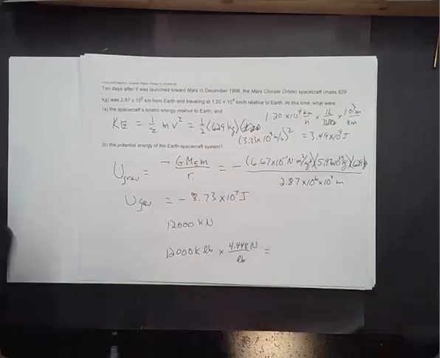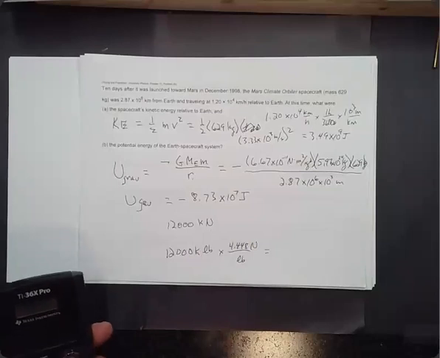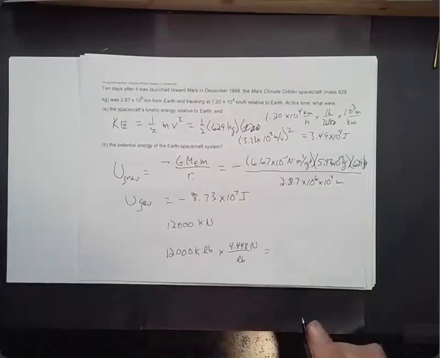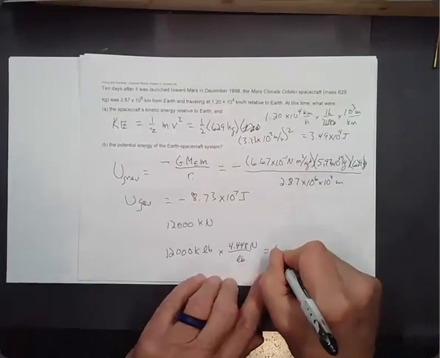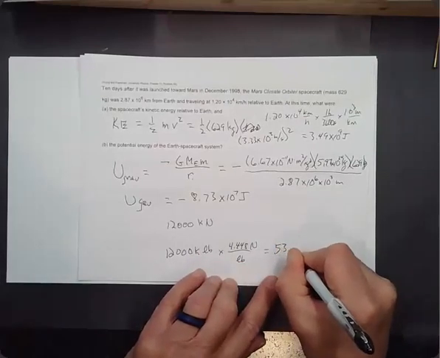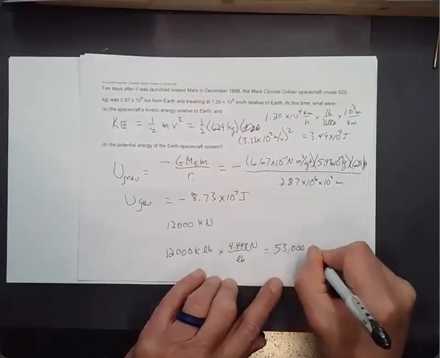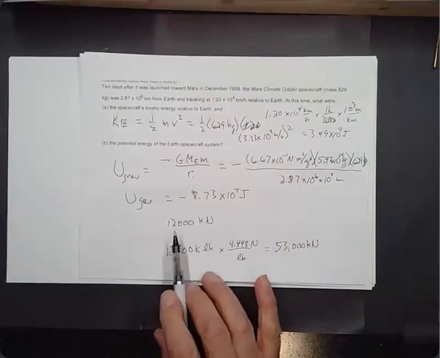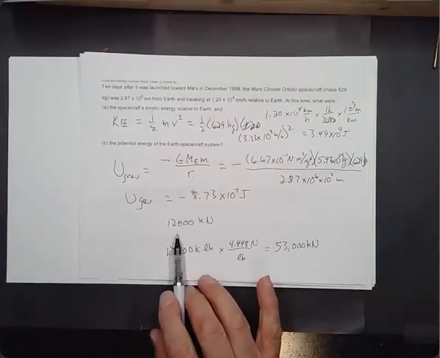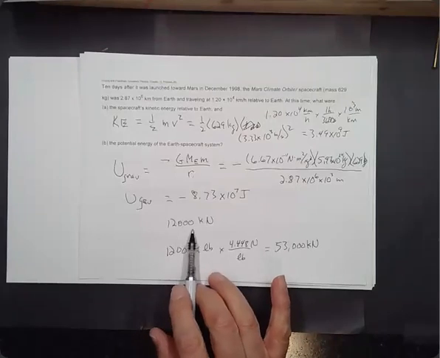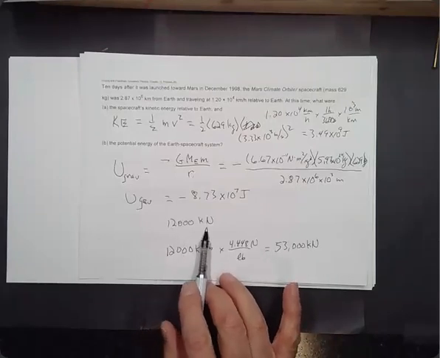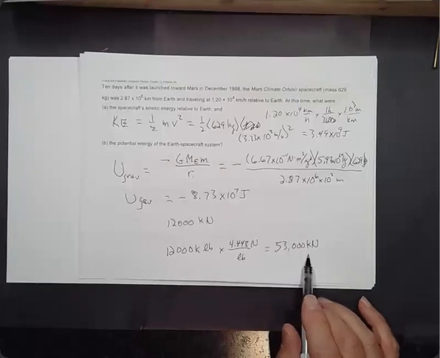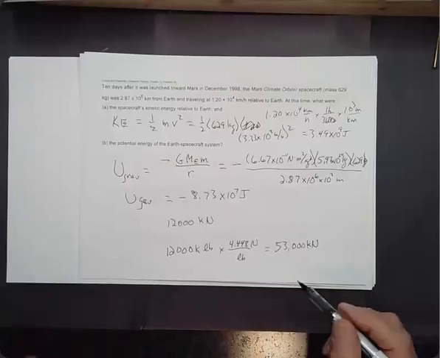Then I get something like, well, we don't need that many sig figs, it'd be something like 53,000 kilonewtons, right? Well, they calculated how long that burn, this braking burn, would have to be if this had been 12,000 kilonewtons, but it was actually 50,000 kilonewtons or something.